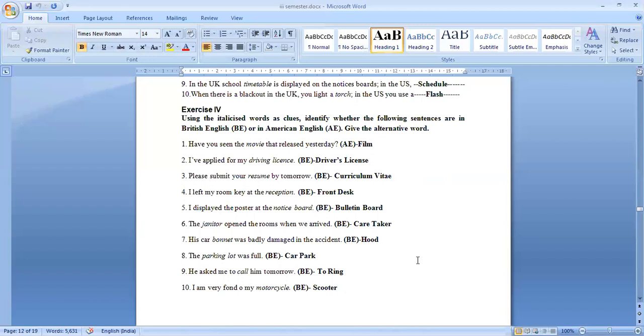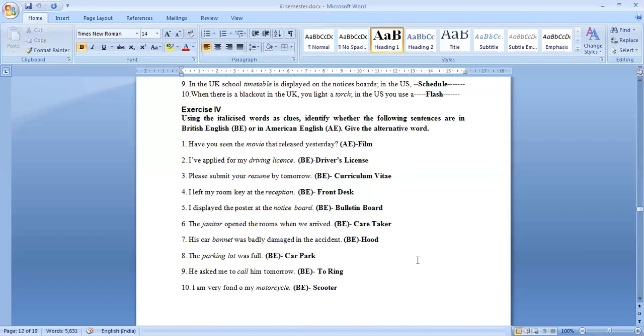If it is an American English word, we write AE. After identifying it as either British English or American English, we have to provide its alternative. If it is a British English word, we give the word in American English. If it is an American English word, we provide the word in British English.